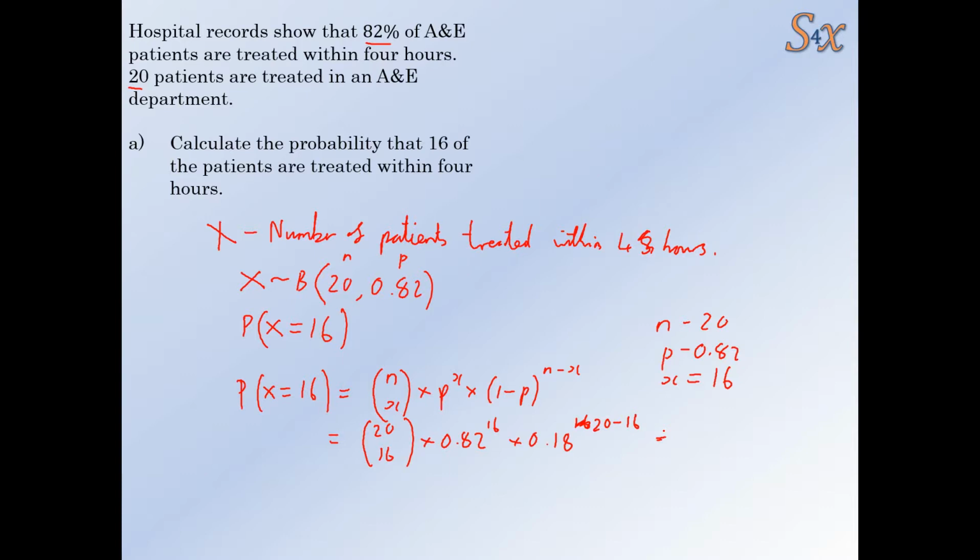Remember that first bit, I'm going to use the C on the calculator, so I'm going to do 20, then shift divide to give me the C symbol, 16, 0.82 to the power of 16 times 0.18 to the power of 20 minus 16, which is 4. And that gives us 0.2125. Normally we write 4 decimal places in these questions unless told otherwise. Okay, so 21% of the time we'd see 16 of those 20 patients within 4 hours.